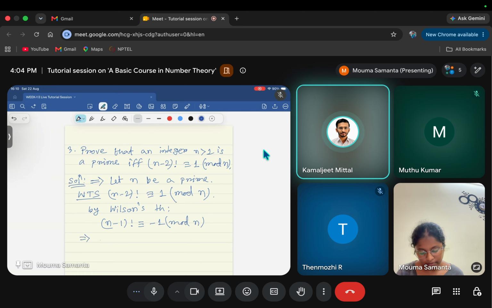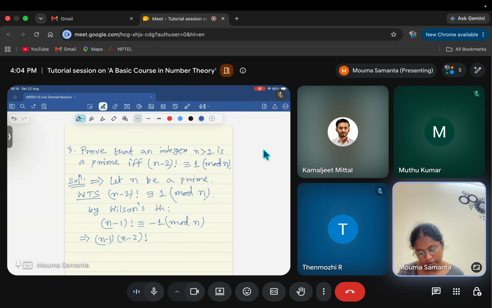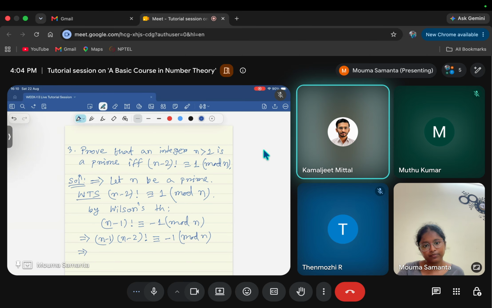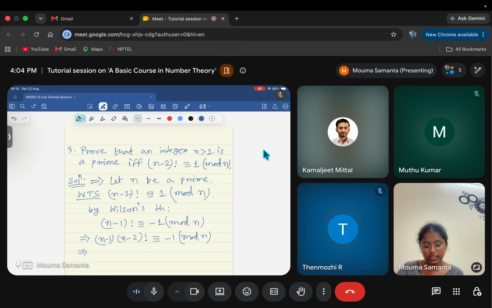Now open the factorial: n minus 1 into n minus 2 factorial is congruent to minus 1 mod n. Now just further calculate the left hand side. What will you get?